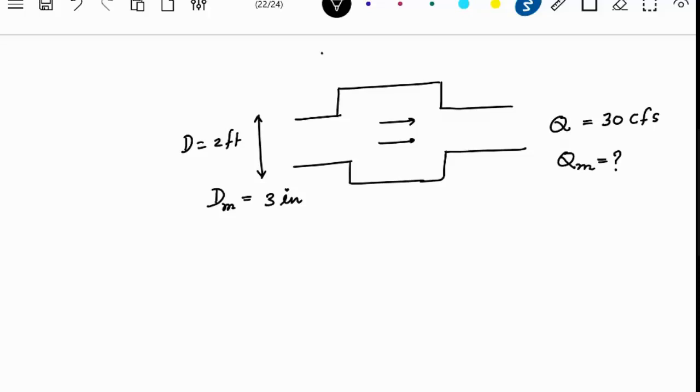So this you have to find. This is an example of fluid flowing through a closed conduit, as we discussed in the last class.